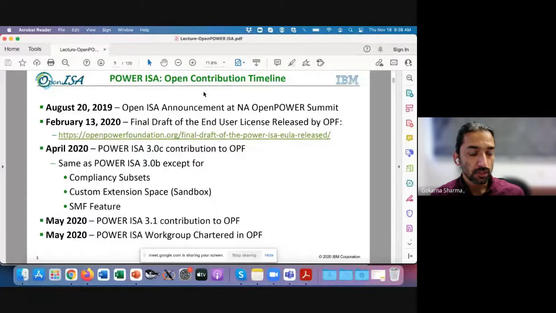Then on February 13, 2020, there was the final draft of the end user license released by the OpenPOWER Foundation. In April 2020, Power ISA 3 was contributed to the OpenPOWER Foundation, and Power ISA 3.1 was contributed in May 2020. OpenPOWER ISA 3.1 is very similar to version 3, a little bit extended.